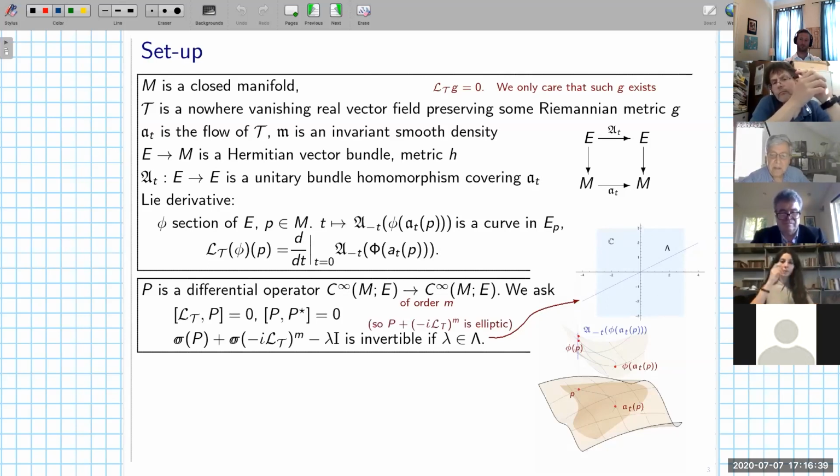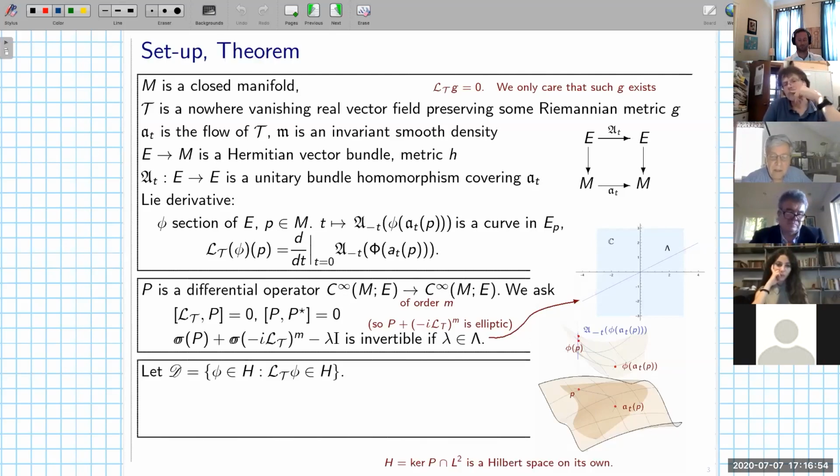And then the result, in particular when lambda is equal to 0, what we get is the invertibility of this operator, P plus (minus i L_T) to the m.